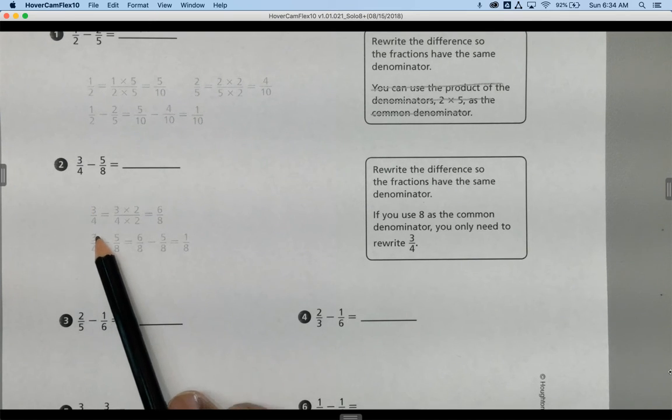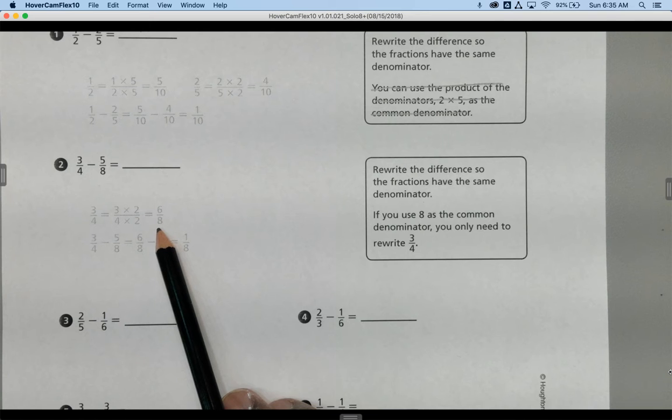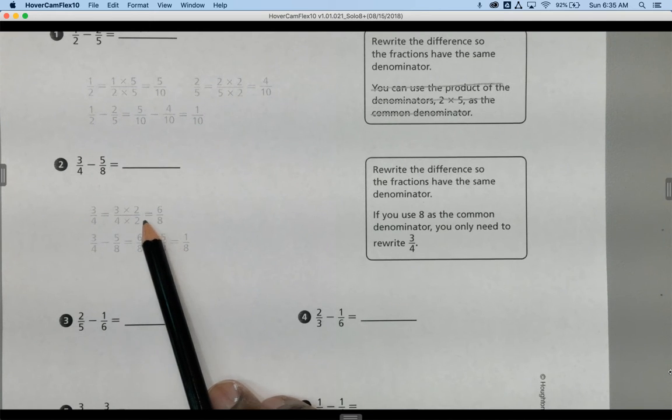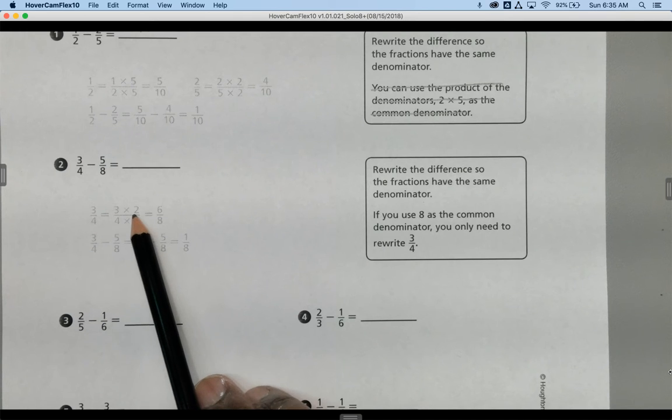You can see the steps down here. We want to rewrite 3/4 as something over 8 because 8 is going to be our common denominator. To start with 4 and end up with 8, I need to multiply the denominator by 2. What I do to the bottom, I must do to the top. If I start with a numerator of 3, I need to multiply that by 2 to get 6.